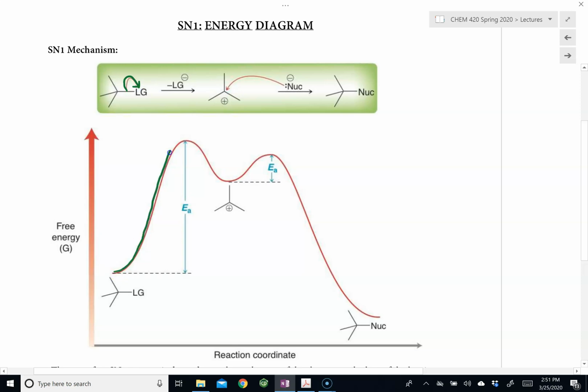Once the leaving group leaves and the bond breaks, we end up with our carbocation intermediate, followed by the nucleophilic attack, and this step corresponds to the energy of the nucleophilic attack to finally give rise to the product. We observe that the loss of the leaving group step is the step with the highest activation energy. Therefore, this is our rate determining step.